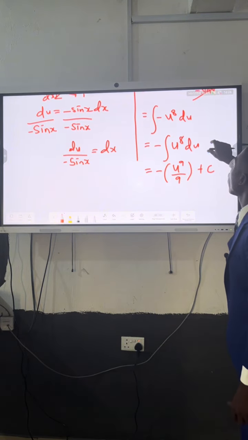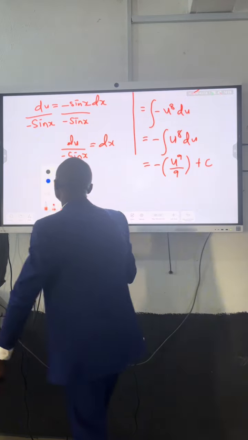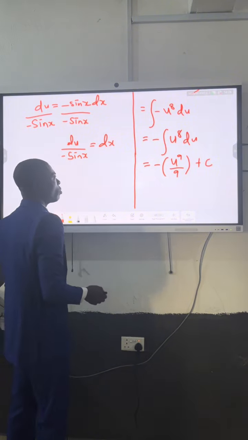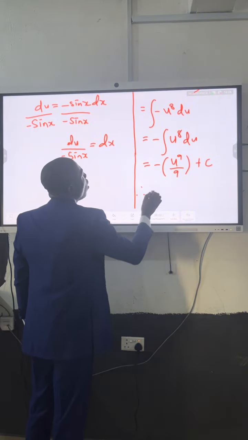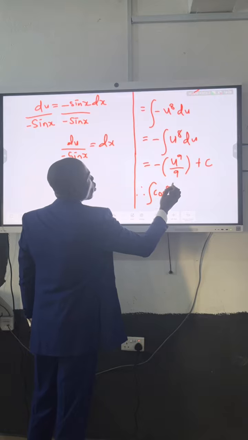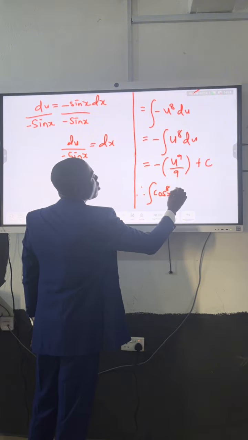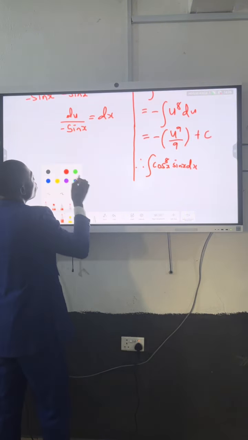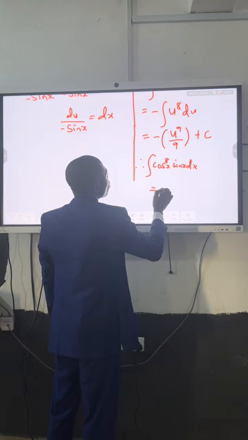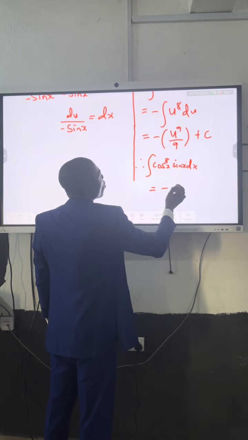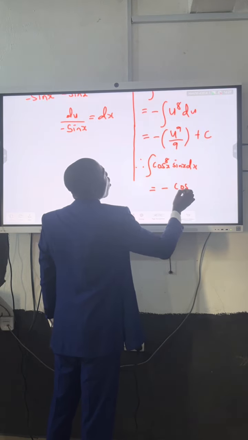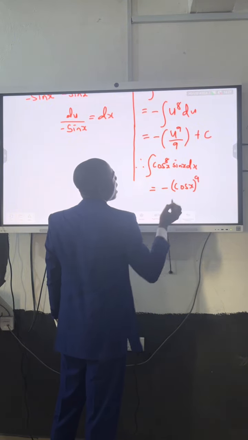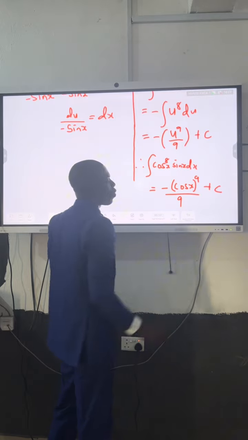All right, so we are here now. But remember that the question given to us did not have u from the beginning. So you go and fetch what u represents. Therefore, the integral of cos to power 8x sine x dx is actually equal to minus cos x to the power of 9 all over 9 plus a constant of integration.